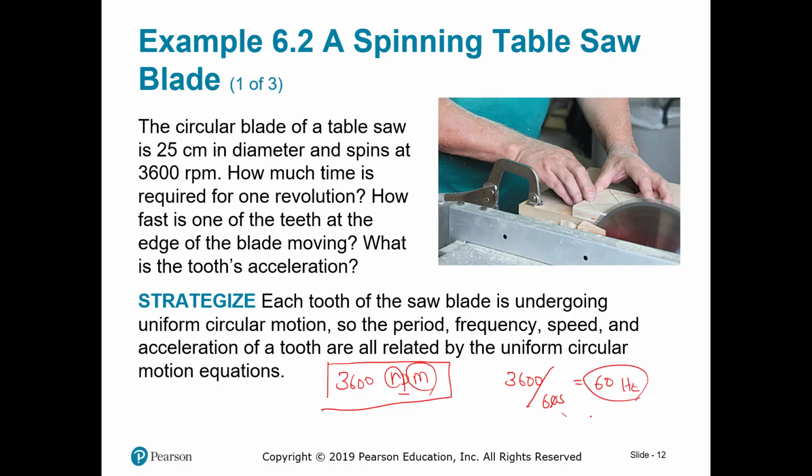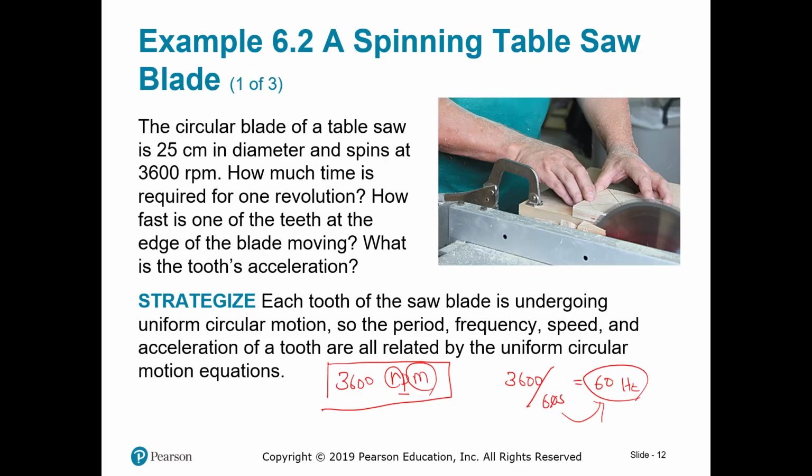So you can immediately convert RPM to hertz. Why? Forget about the formula and just think: I have 3,600 revolutions per minute. That means in 1 second you have 60 revolutions. That means your frequency is 60 hertz.